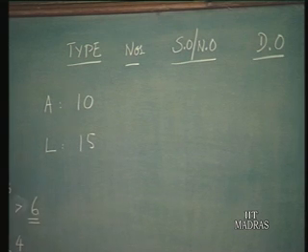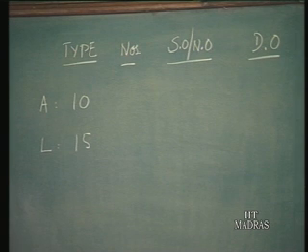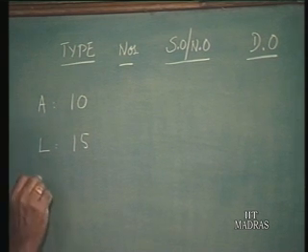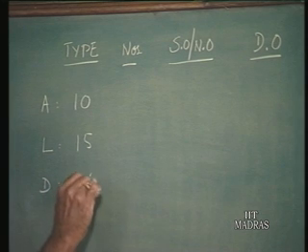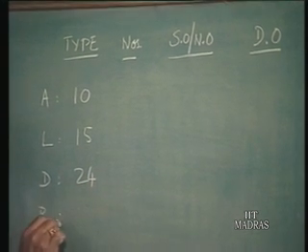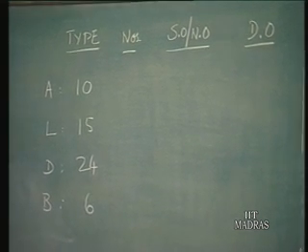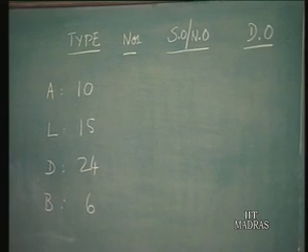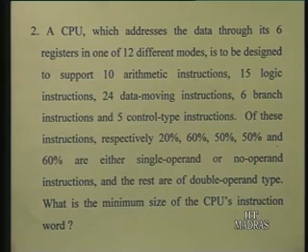Then next is data moving instructions, we have 24. Then branch instructions, we have 6. Then you can also take a look at the chart, branch moving instructions, you have 6. Then control type instructions 5.